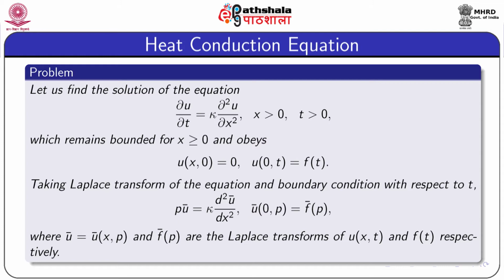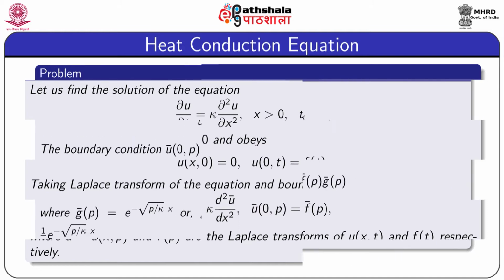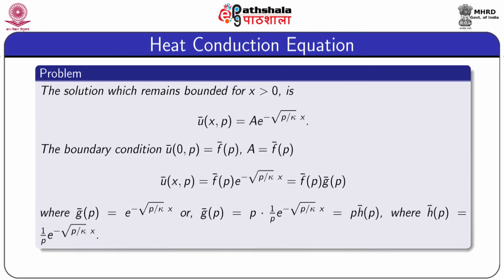Now, the solution of this ordinary differential equation is u bar equals some constant A into e to the power minus square root p by kappa into x plus B into e to the power plus square root p by kappa into x. Since we are interested in finding the bounded solution, we assume the value of the constant B as 0.